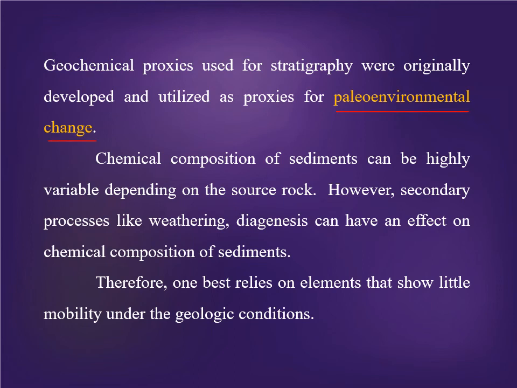The chemical composition of sediments can be highly variable depending on the source rock. However, secondary processes like weathering and diagenesis can have an effect on the chemical composition of sediments. Therefore, one best relies on elements that show little mobility.